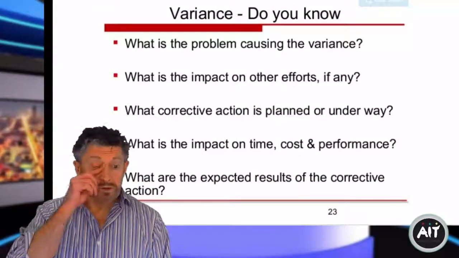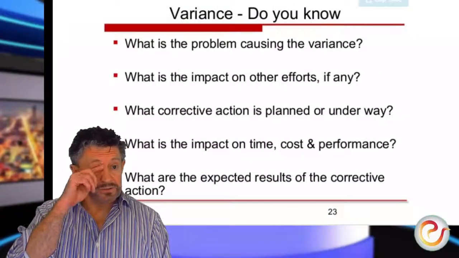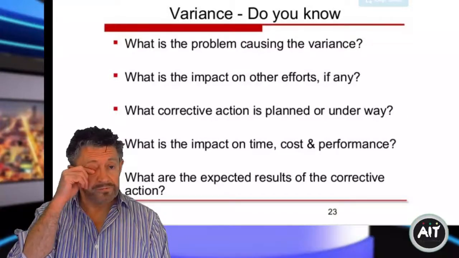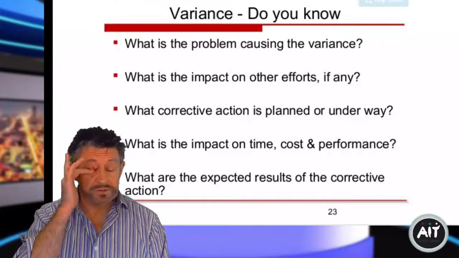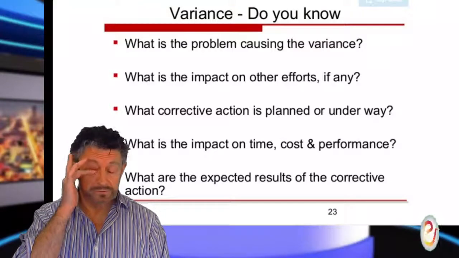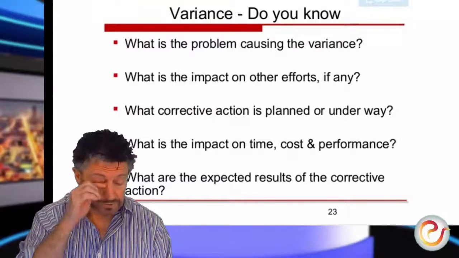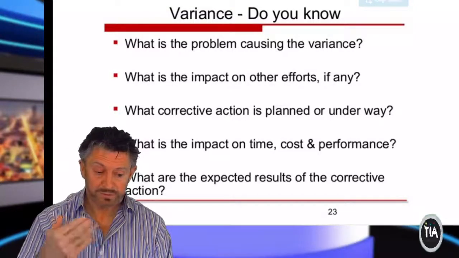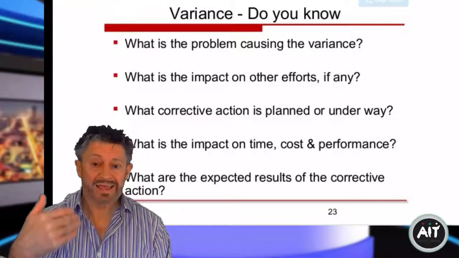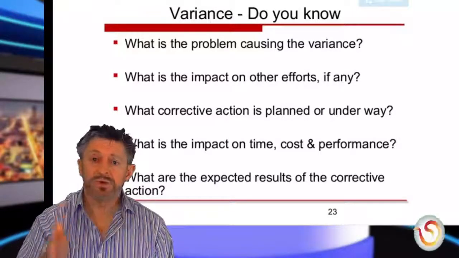So what's the problem that causes the variance? What is the impact on other efforts? If there is any impact, it could be simply that the people that you wanted to work on these other tasks can't do so now because they are waiting around.